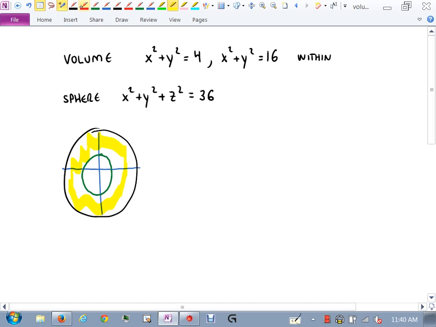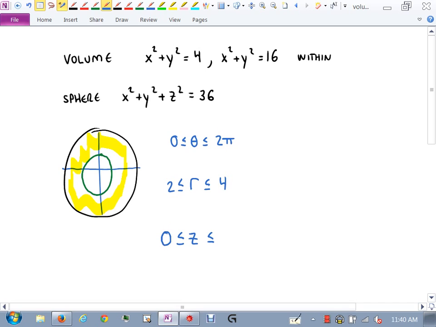With that region, which is, like we said, perfectly suited for polar, what are my restrictions on theta and r? 0 to 2 pi, right? And then my radius restrictions, 2 and 4. And now I need to come up with z. And we said, again, we're going to cut it in half, so we're going to use the ground as 0. And then I need the top of this.